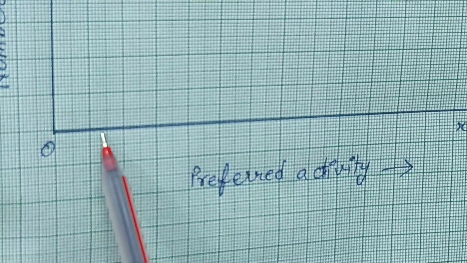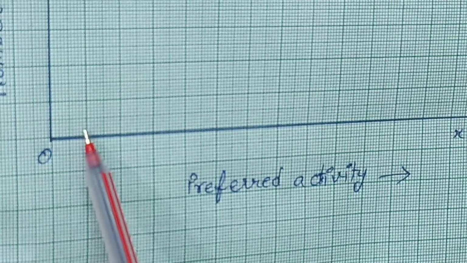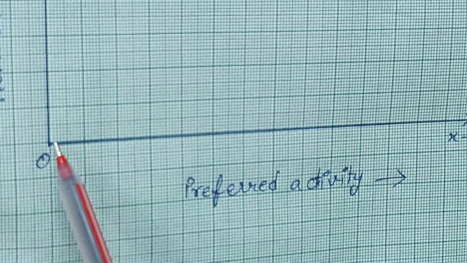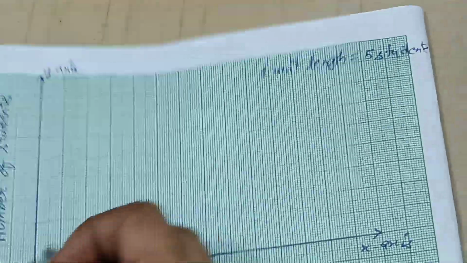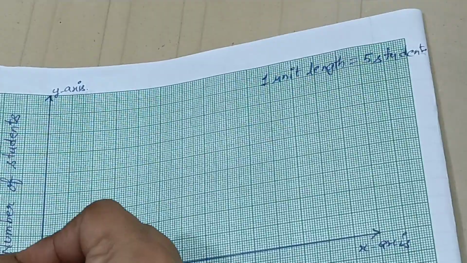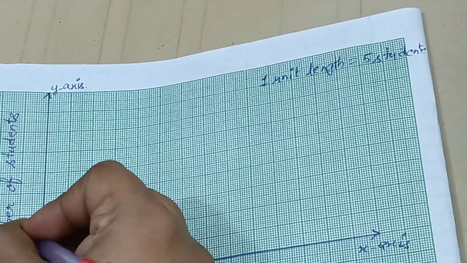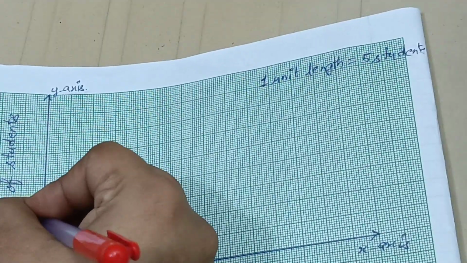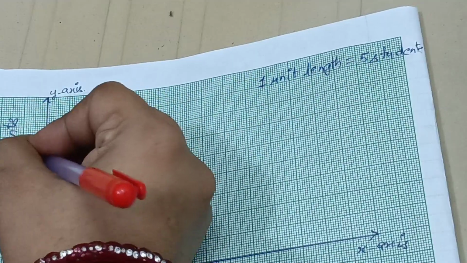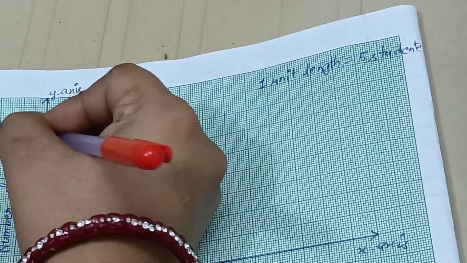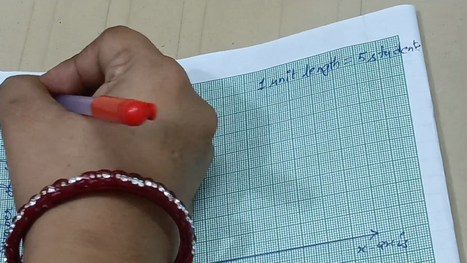If you are taking it on the x-axis, then between the first number which you will mention on the dark green line and the origin, the distance is 1 unit length. So we will write here 5, 10, 15, 20, 25, 30, 35, 40 and the last one 45.